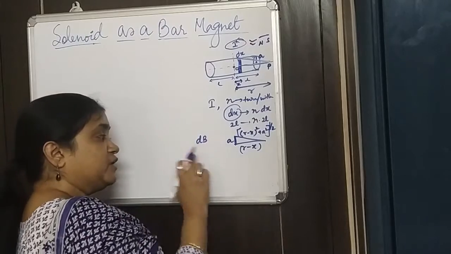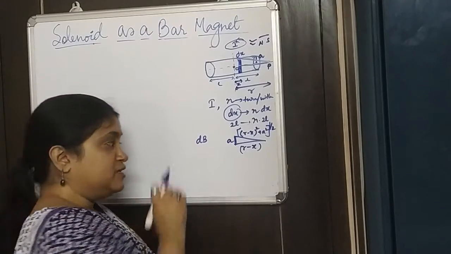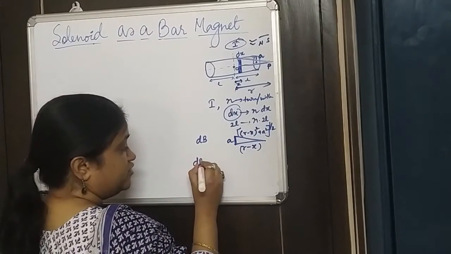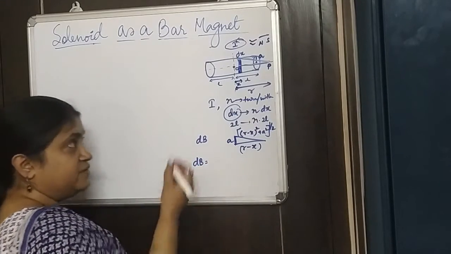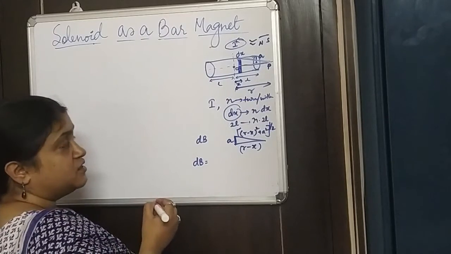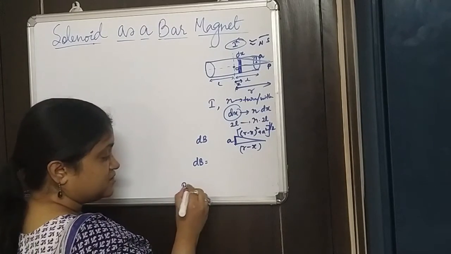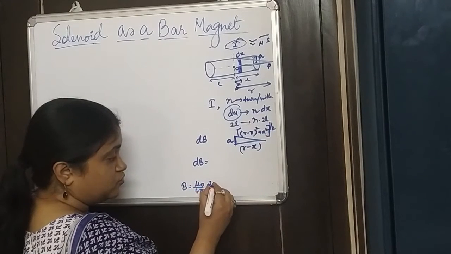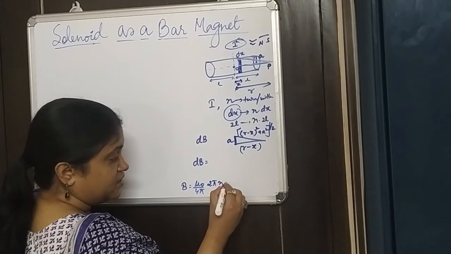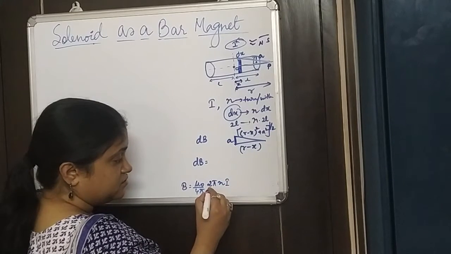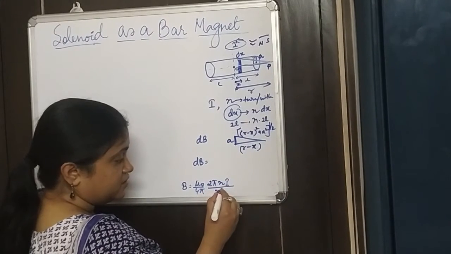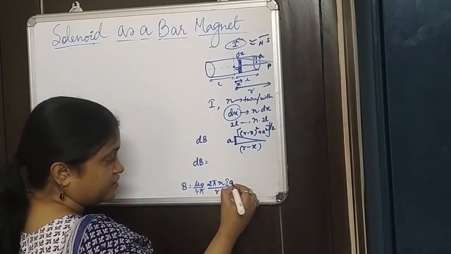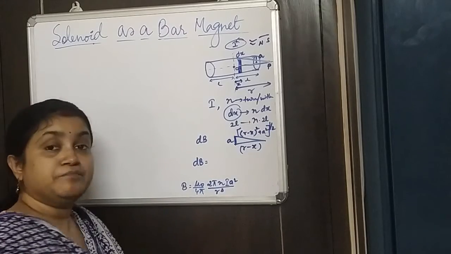Now we calculate the magnetic field dB due to the small section dx. As we already know, the magnetic field for a small circular loop is given as mu naught by 4 pi, 2 pi n I a square by r cube.